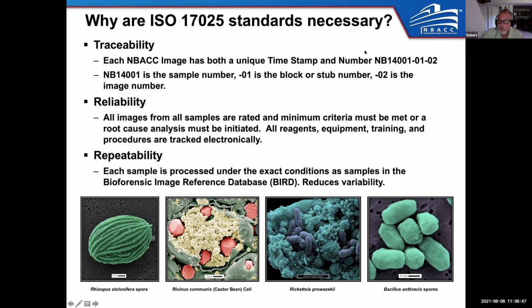From this number right here, or the timestamp, I can pull every training record from anybody that was associated with the processing of that sample, all the equipment records to prove that all the equipment was in scope, that it had received its yearly PM or was working properly, that it was not out of compliance. All the chemical records to prove that all our chemicals are not expired and that they have been approved for release.